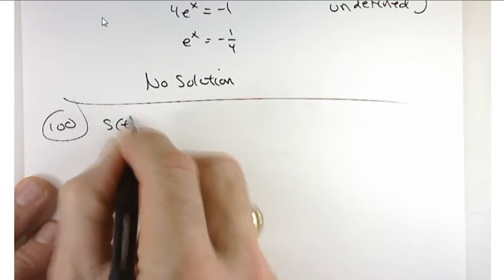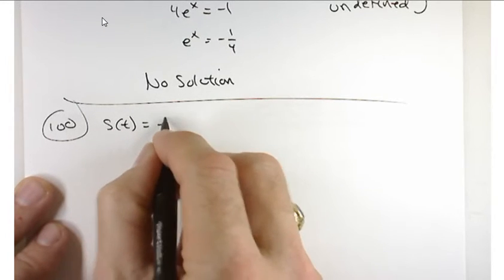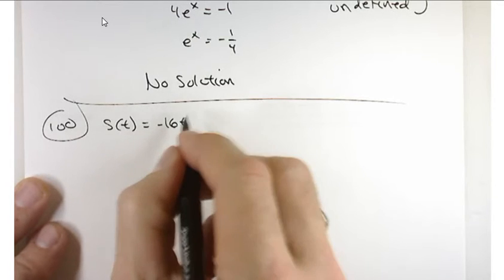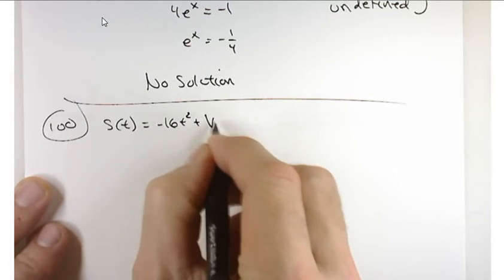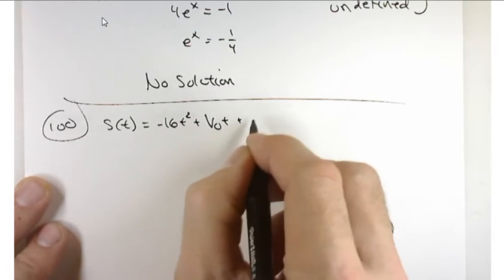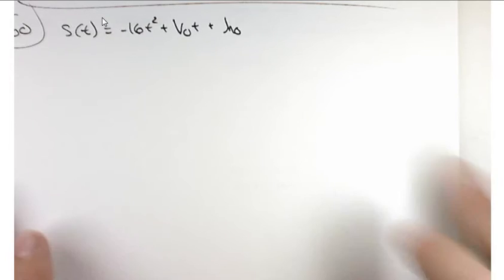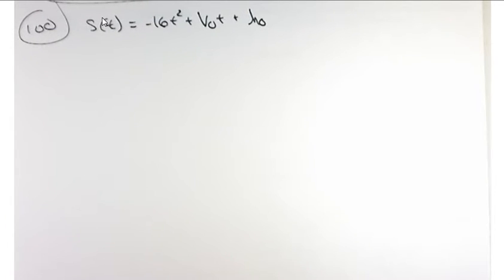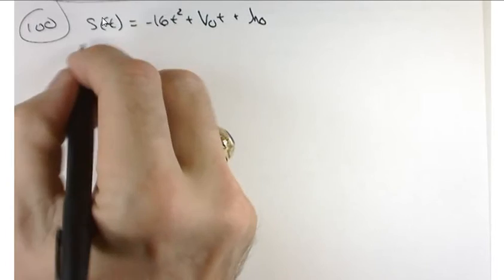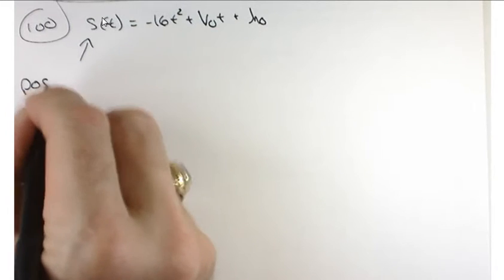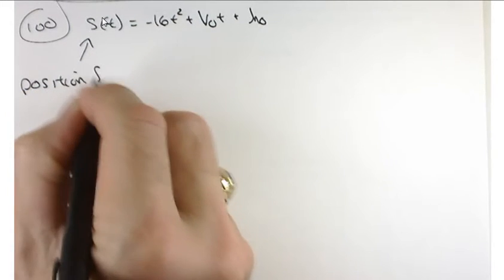Problem number 100 gives you s of t equals negative 16 t squared plus v naught t plus h naught. Let me describe what all this stuff is. This is what's called the position function. So s of t is the position function.